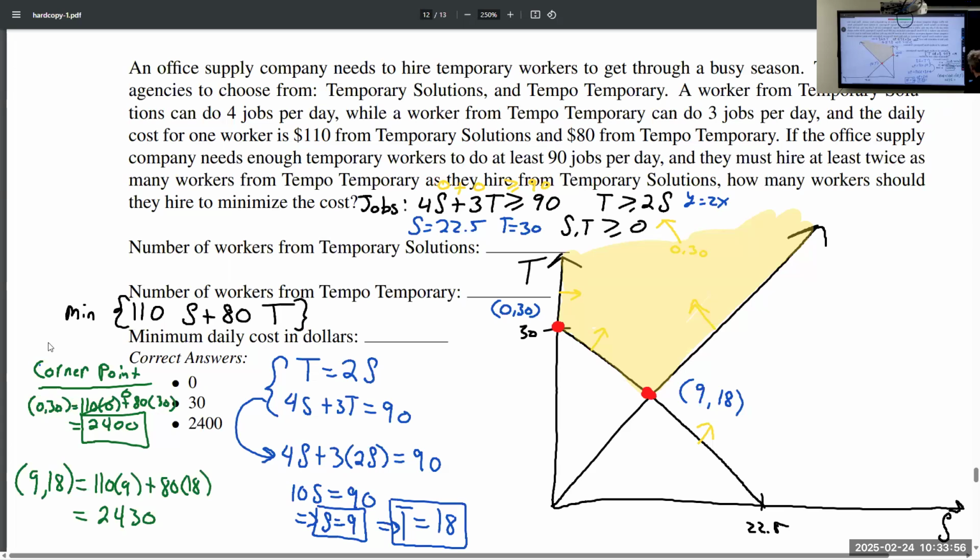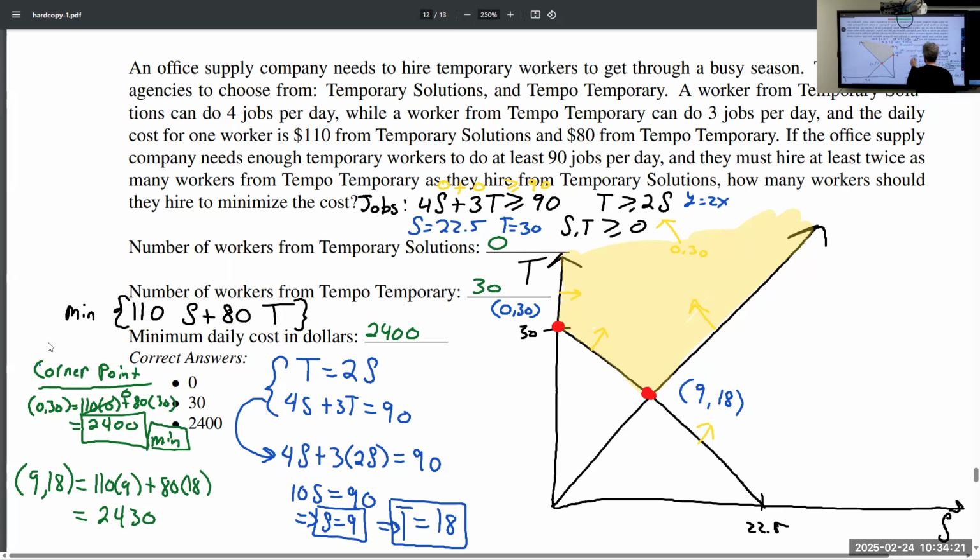And that would not be the minimum. That's larger. So this is the minimum, and that occurred at $2,400. And we didn't get anybody from Solutions. We went all Temporary. They had the better rates.